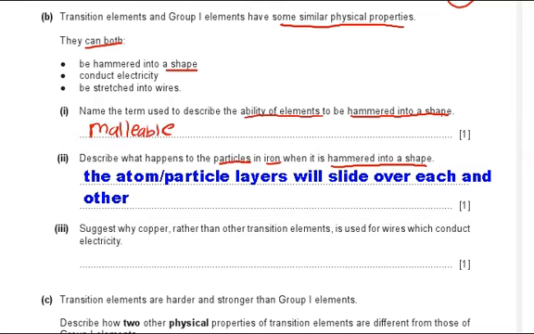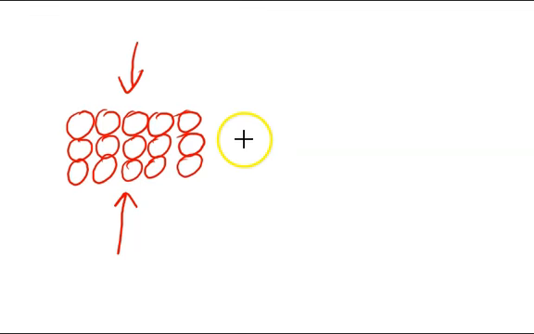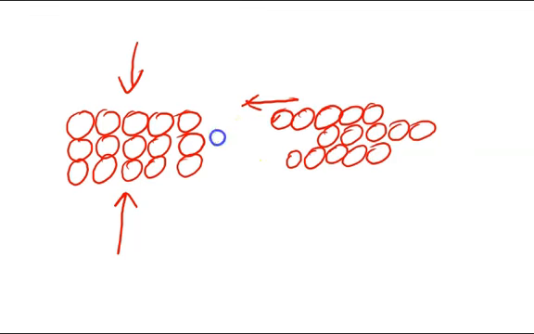This is my answer: the atom and particle layers will slide over each other. For example, you have layers of atoms, and when under pressure, they slide over each other. So one is going to the left, this is going to the right, and this is going to the left again. This is what I mean: a layer of particles or atoms will slide over each other.